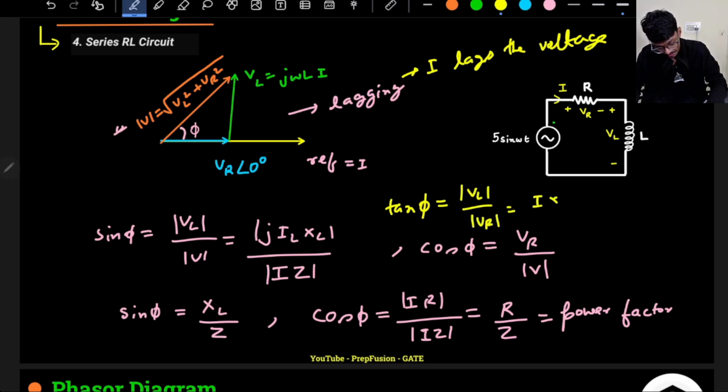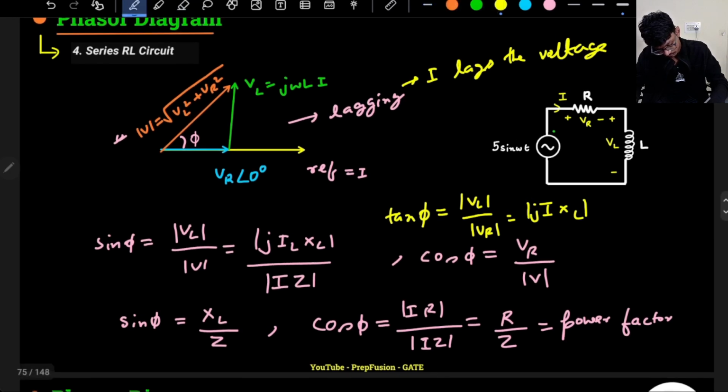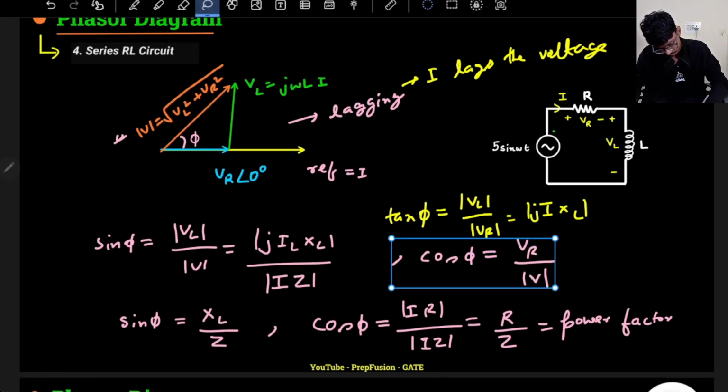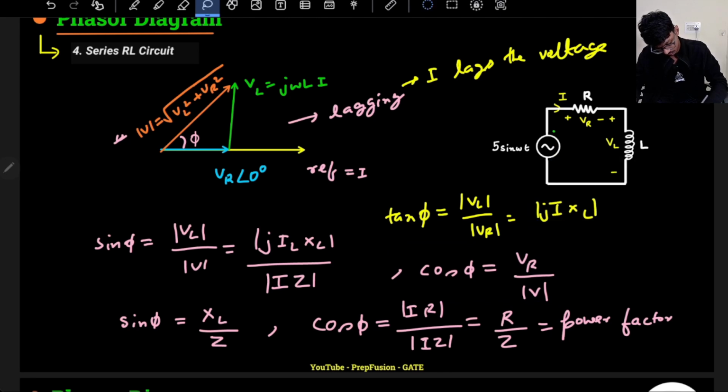So it will be I into jXL divided by I into R. So this will be XL by R.